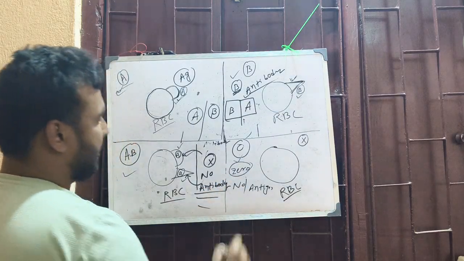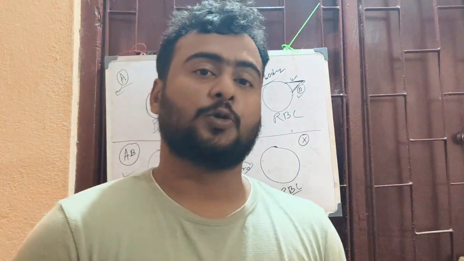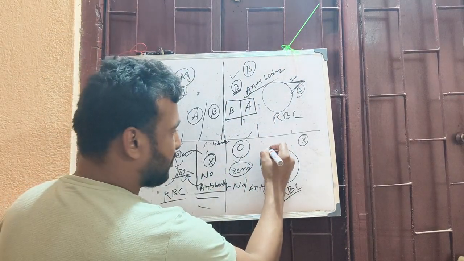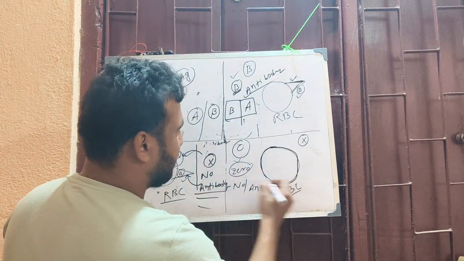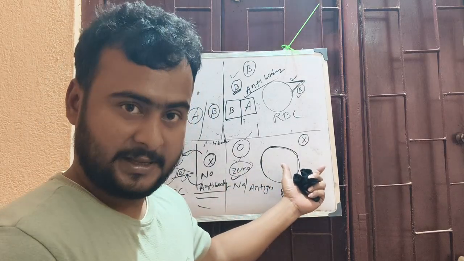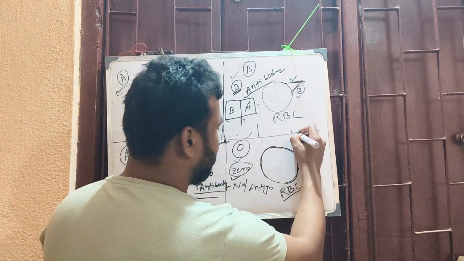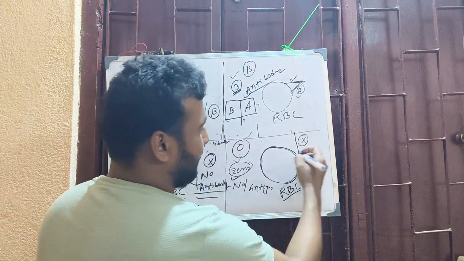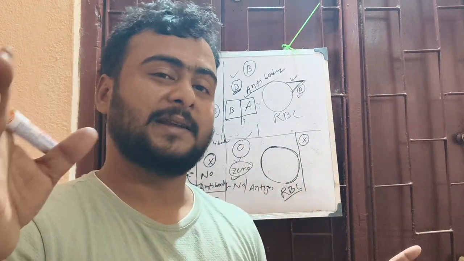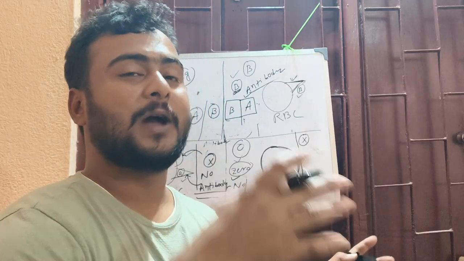Right. In the case of the O blood group, what will be there? As I said, in the case of the O blood group, what is O or zero? It was zero, right? There is no antigen present there. So we can say that it won't matter with the kind of antigen-antibody, meaning there will be no agglutination. Why?